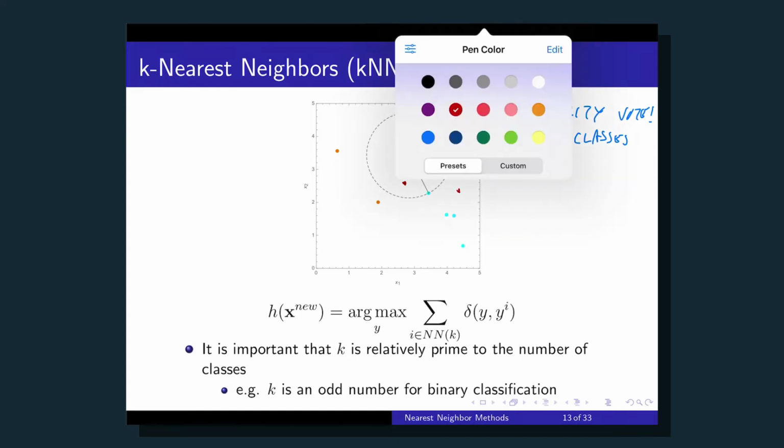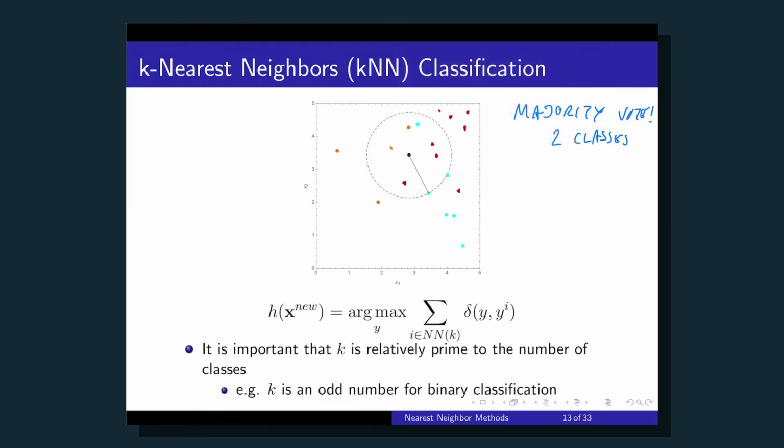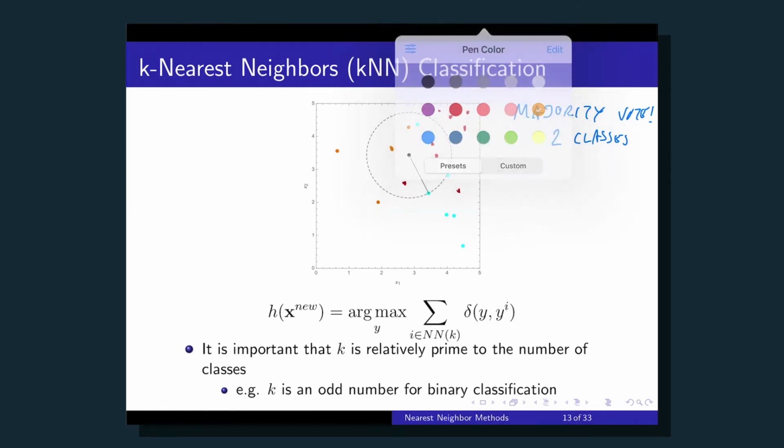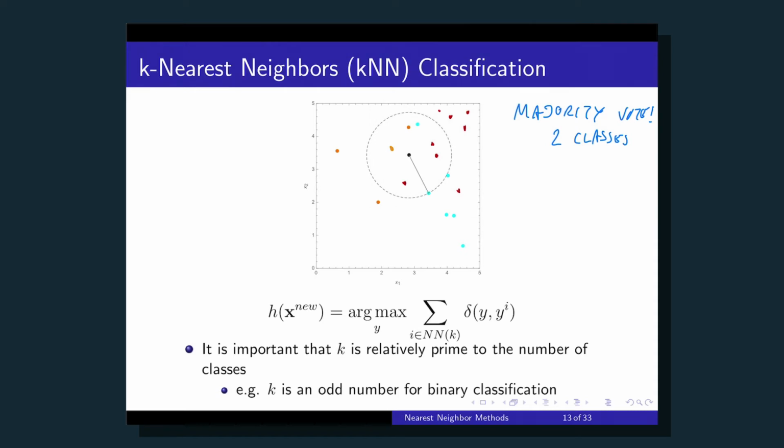So let's also have orange, and put an orange point here as well. Now when I look at this, how many cyan points are there in the neighborhood? There are 2 of them, 2 orange points and 3 red points, which means no particular class has a majority, because the total is 7. The highest one is red, but it's only 3/7, so it's not the majority. It doesn't have more than 50%.